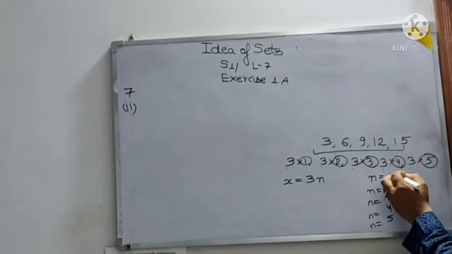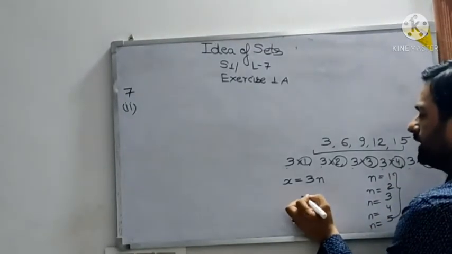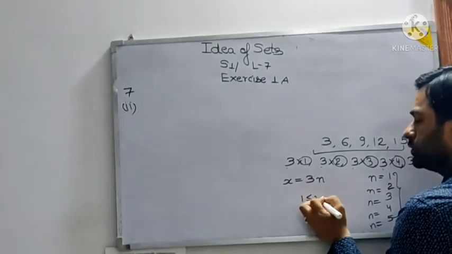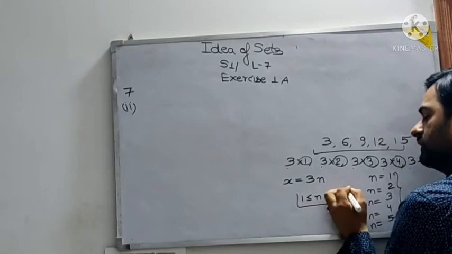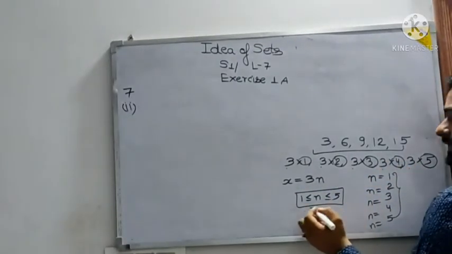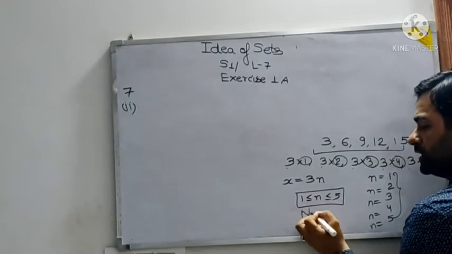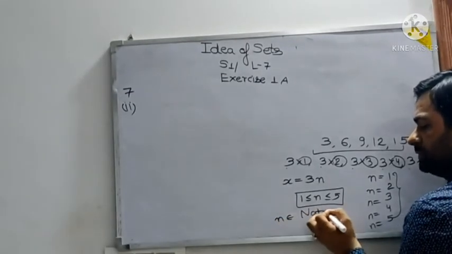Can I see that the value of n is from 1 to 5? So can I say that n should be greater than or equal to 1 and less than or equal to 5? The range we have got. Now, all these belong to which group? Can I say these belong to the group of natural numbers? So n is an element of natural numbers.